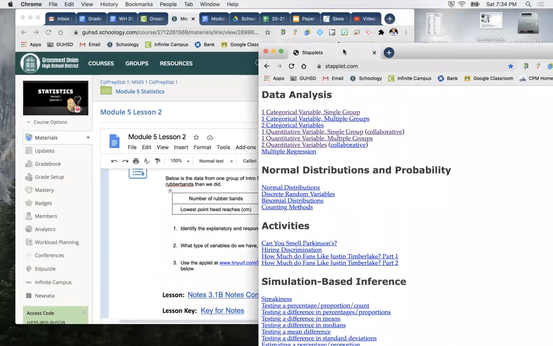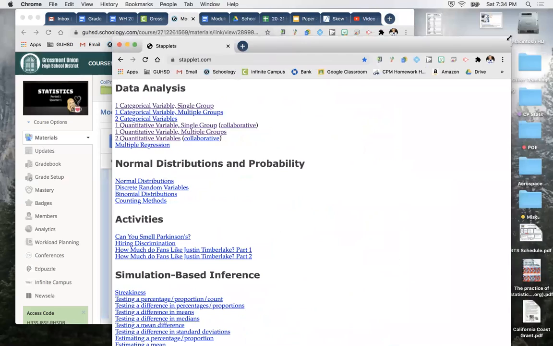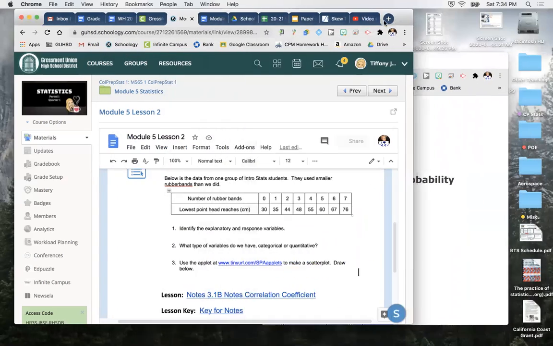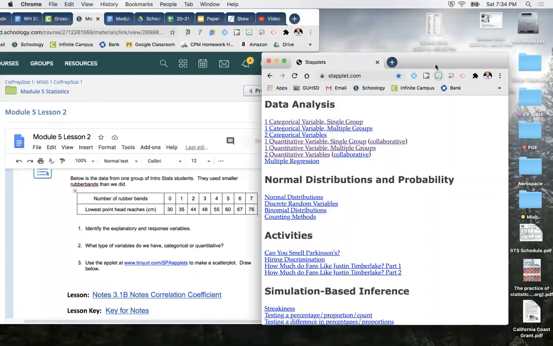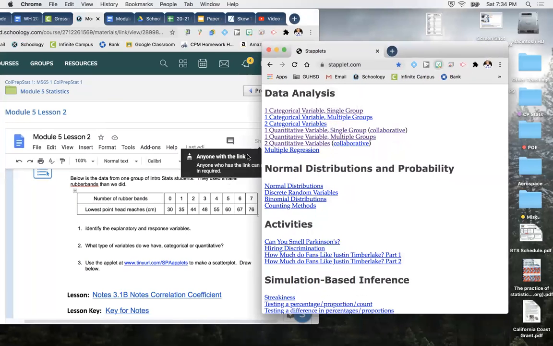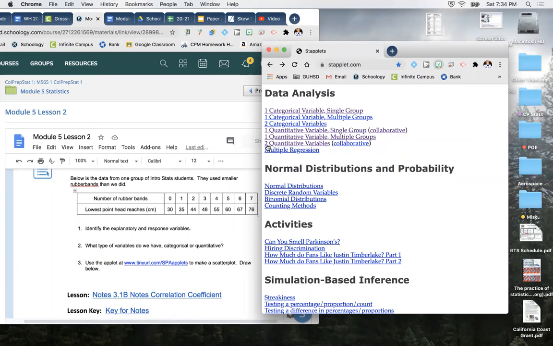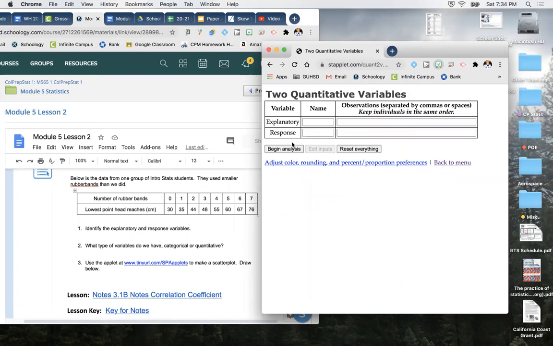So let me pull it off to the side here and adjust my window a little bit so that we can be looking at both things at the same time. So what I have is this data down here that I'm going to put into this. Let me back up. We're going to be looking at 2 quantitative variables. We've been using 1 quantitative variable, single group, but now we're looking at 2 quantitative variables measured against each other.